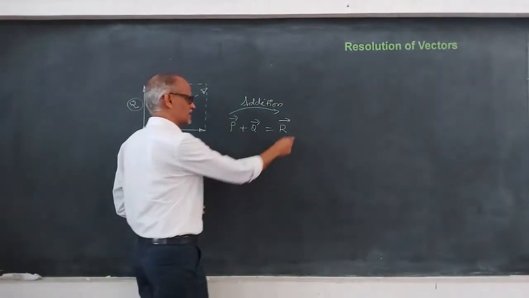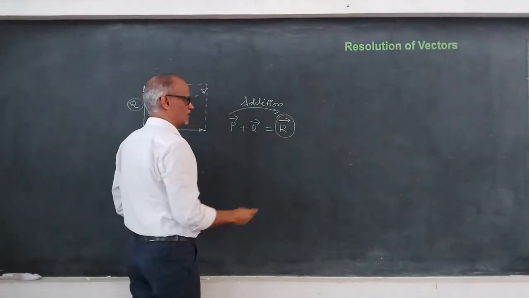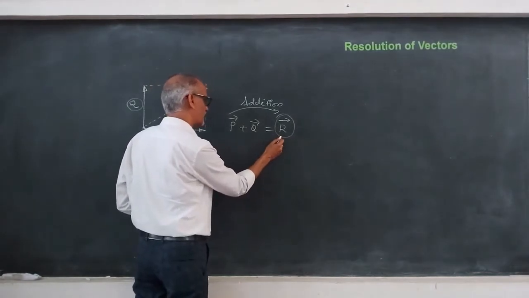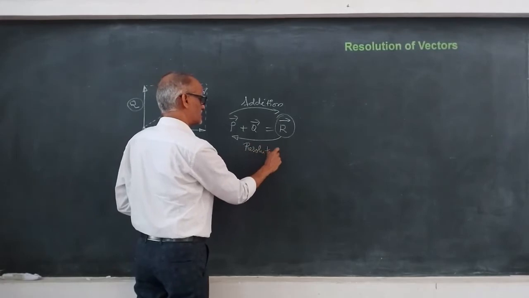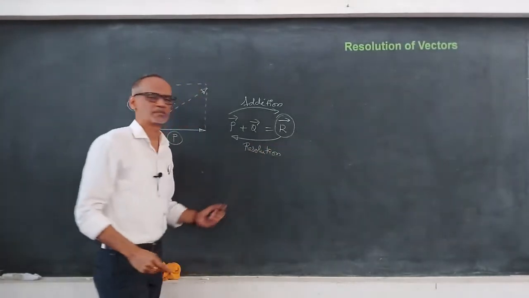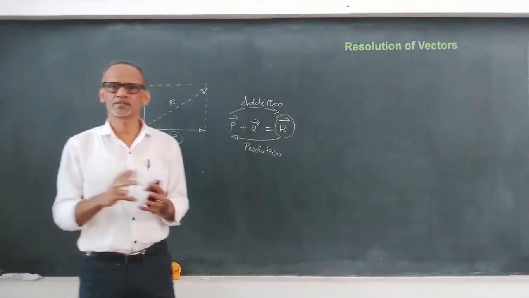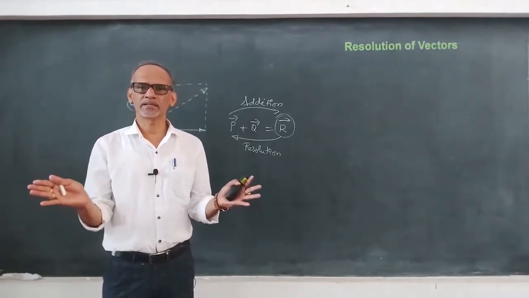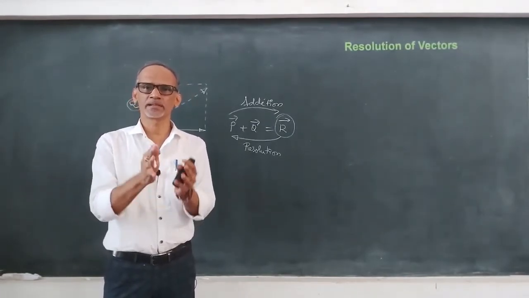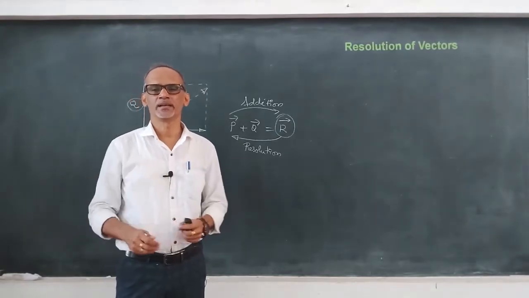Now, you are given this single vector. You can split that into individual vectors. This process is called resolution. So, resolution is basically the opposite of the addition of two vectors. When you add many vectors, you will get a single vector. Now, that single vector can be split into many vectors.